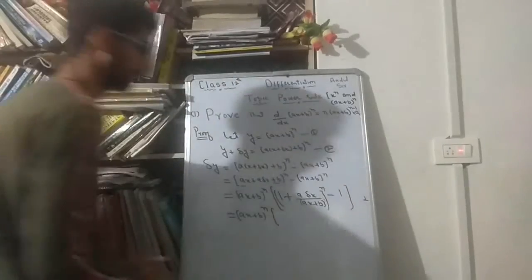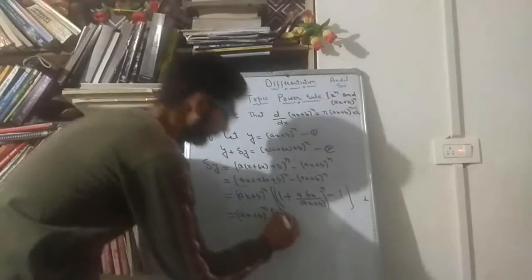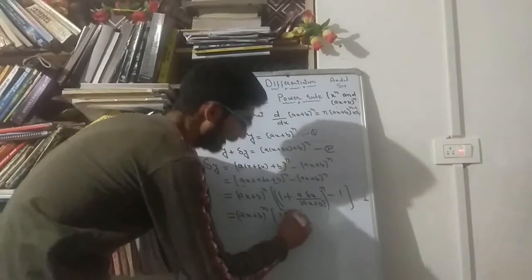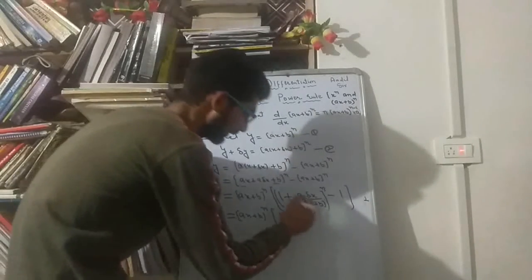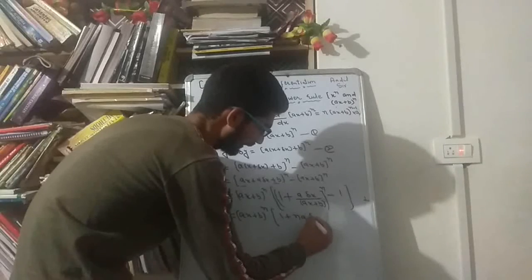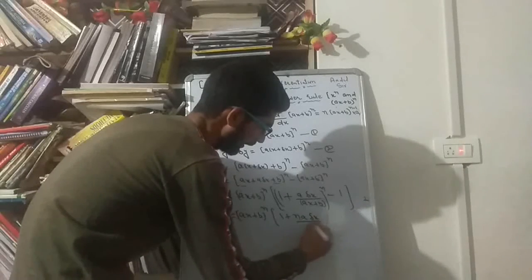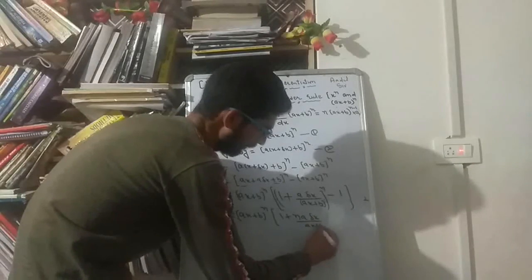You check this, by the binomial theorem it will be 1 plus n a. What is n? What is a? A is this thing, del x divided by ax plus b, so it will be n a del x divided by ax plus b.